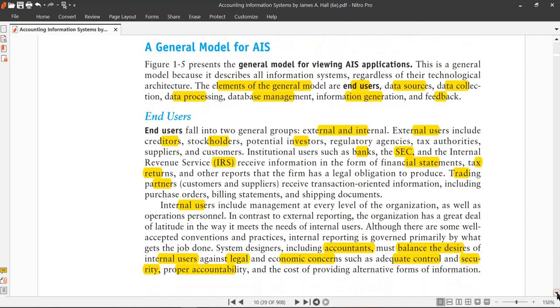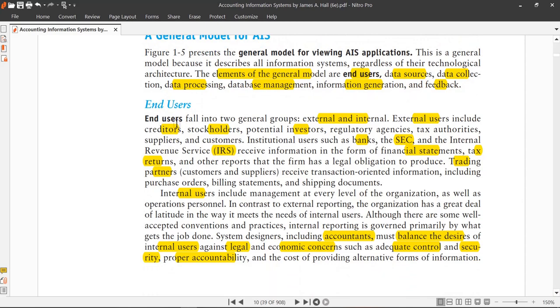As to end user, it could be internal or external. External users are, to put it simply, not insiders of the business. Examples are creditors, stockholders, and investors. Include also institutional users such as banks, SEC, and IRS. What is the IRS? The Internal Revenue Service.